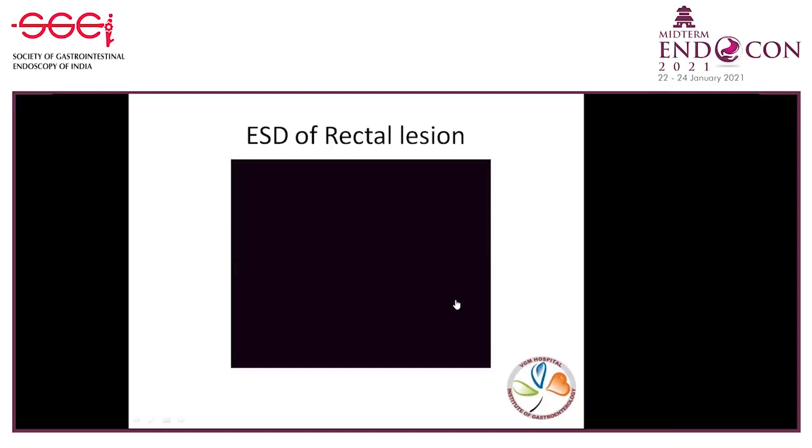Here, this indigo carmine helps to differentiate the muscularis propria and the rest. The muscularis propria will be visible as a nice white layer. It's important for the dye to not be too concentrated, because then you'll not be able to differentiate the muscularis propria from the submucosa. We can also tunnel into the lesion and then go and resect, or we can continue to resect on all sides, and then finally the base is resected.